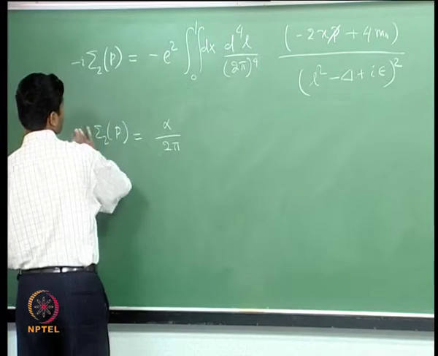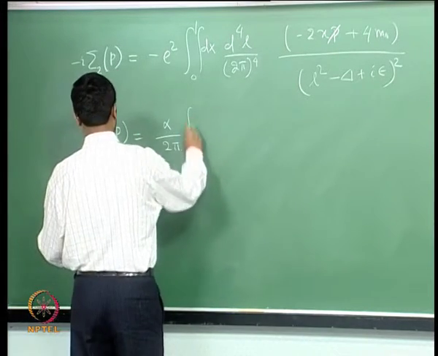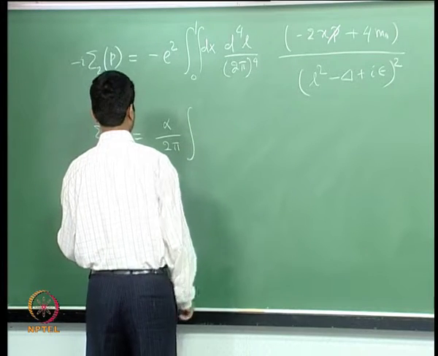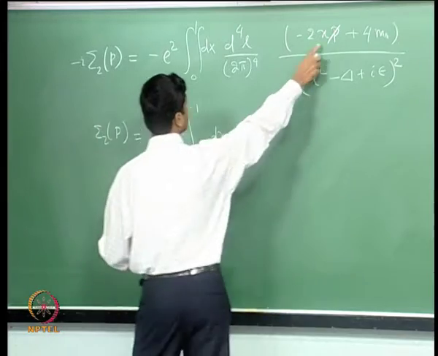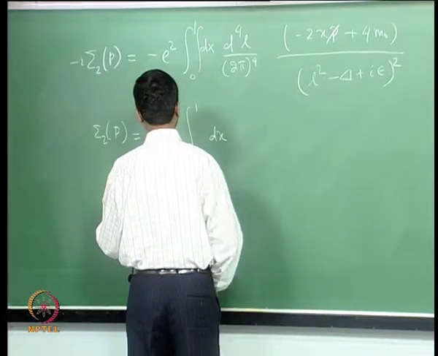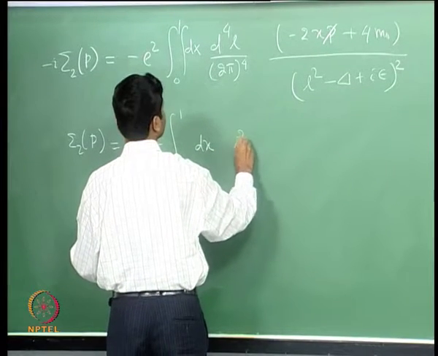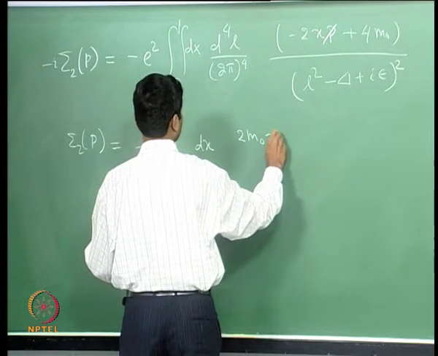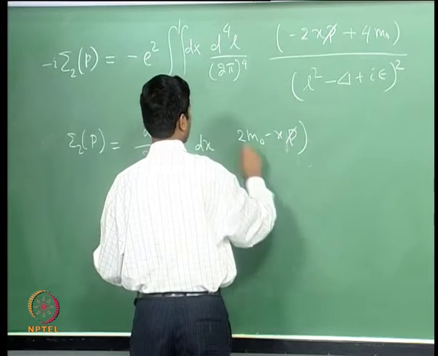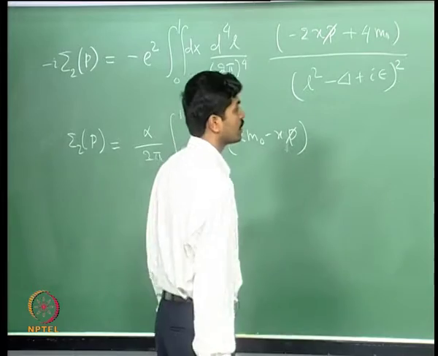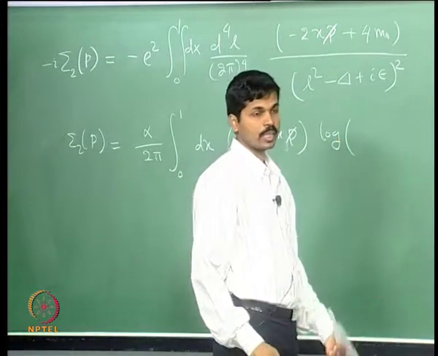Finally, this I will observe here. So, this is simply given by the integral from 0 to 1 dx, and in the numerator I have, if I just cancel this 2 here, 2 m 0 minus x p, x times p, and finally log delta lambda divided by delta.